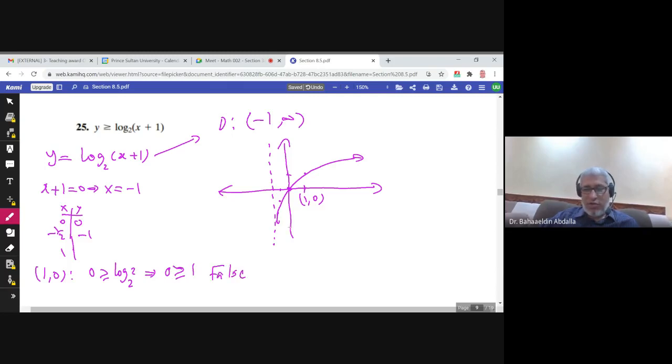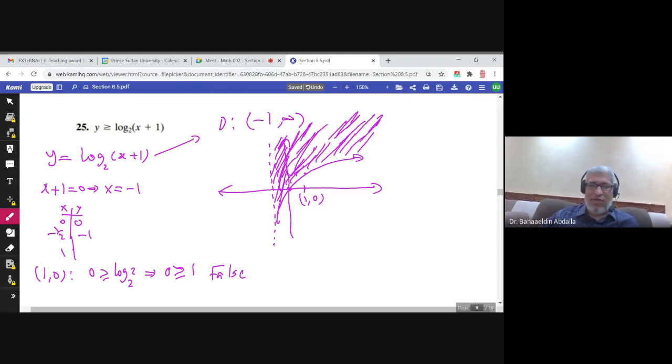No, that's false. So this region is not there. So the solution would be this region, all the region above the curve. But we do not go to the left of this line. This region is not part of the solution.